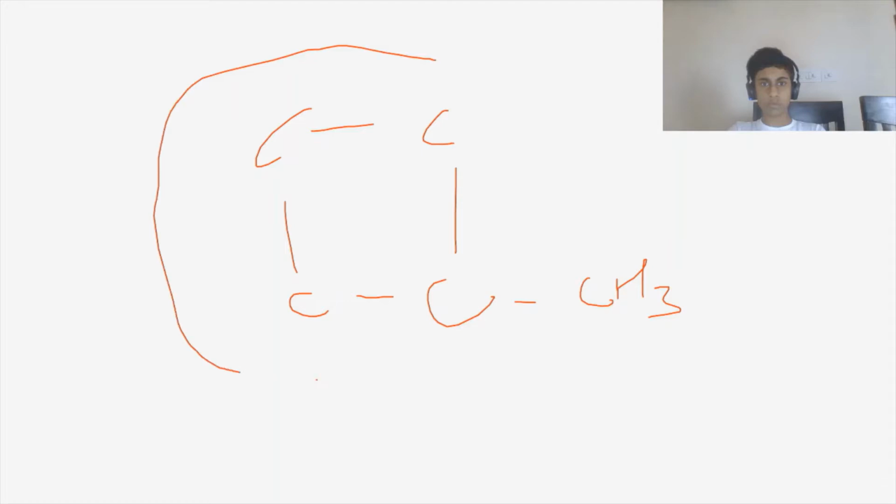And if we had a cyclic structure and we had a substituent like this, then this would be the chain. It would be cyclobutane in this case. It will be methyl cyclobutane.